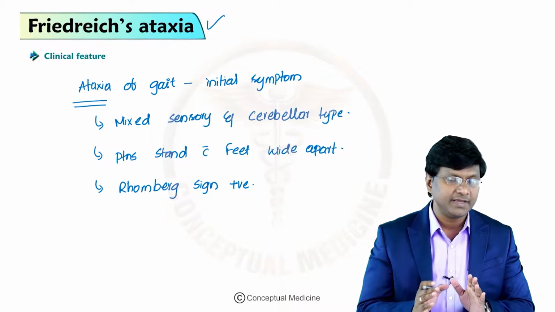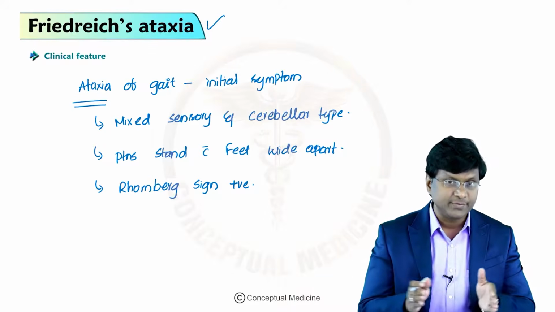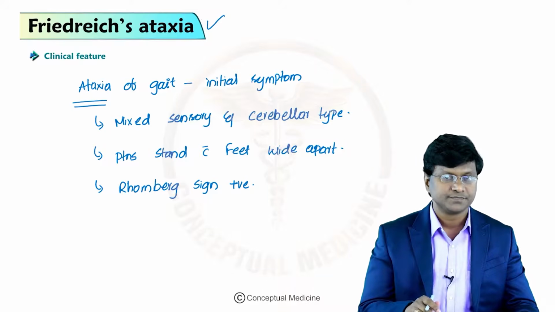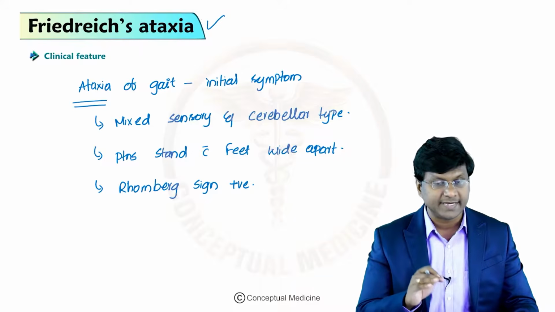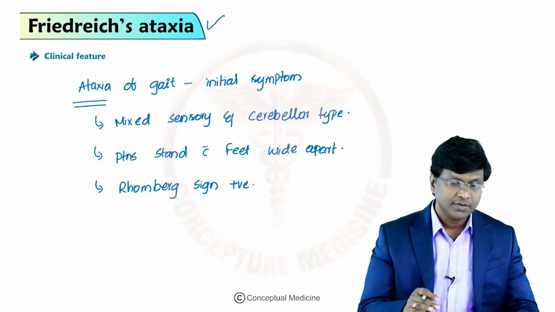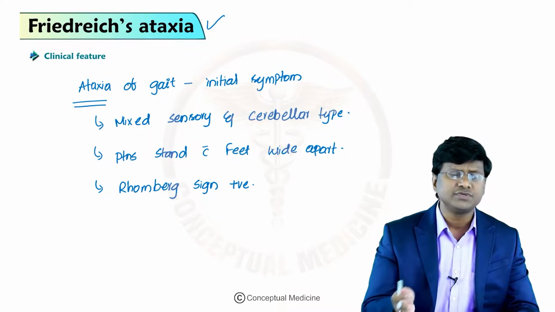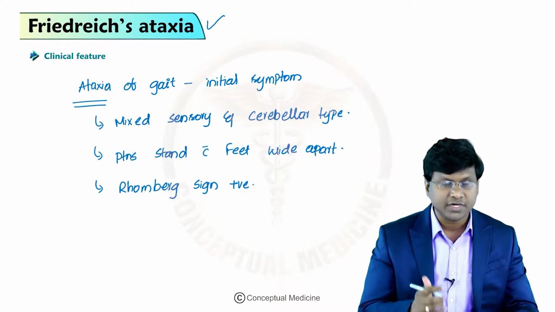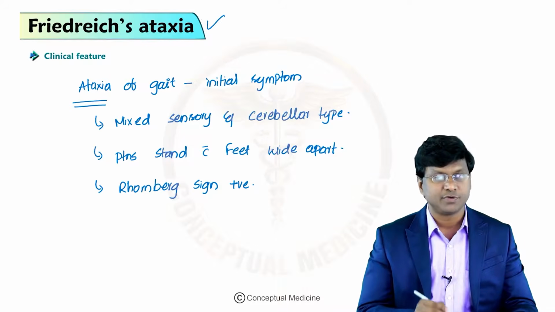If he is able to maintain the balance with eyes open, then he is asked to stand with legs together and eyes closed. We need to check whether the individual is able to maintain the balance or not. If, with eyes closed and legs together, the individual is swaying and not able to maintain the balance, then we consider the Romberg sign to be positive.